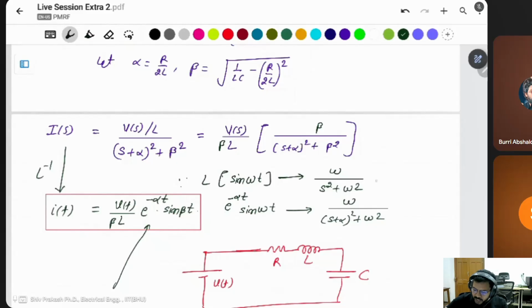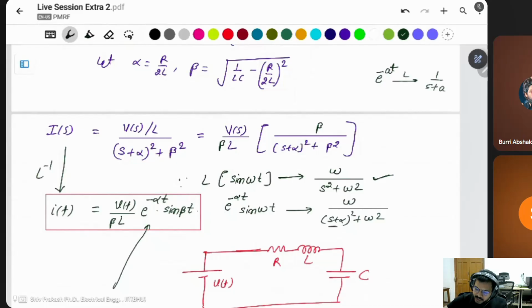We know about sin t. The sine function is omega divided by s square plus omega square. If any term is added with the s term, it goes to an exponential term, because you know the Laplace of e power minus at is 1 by s plus a.